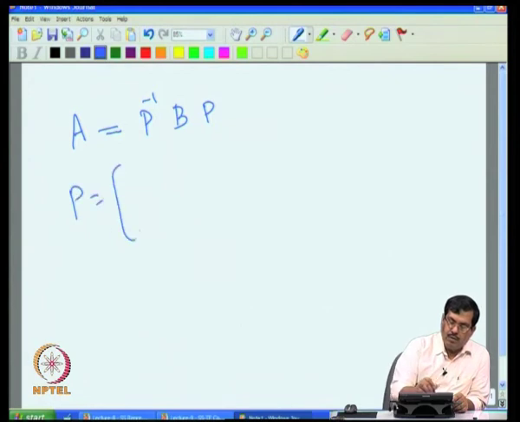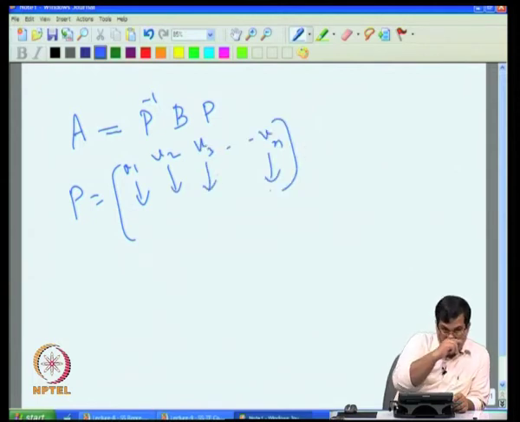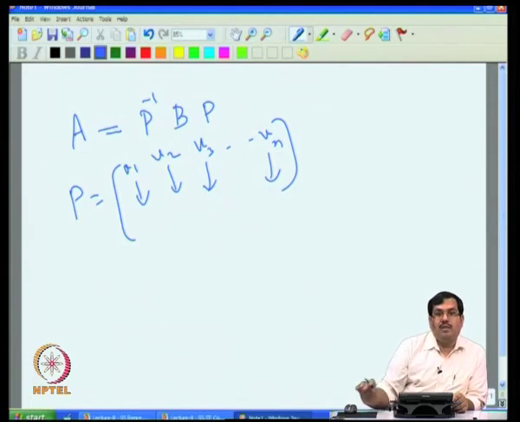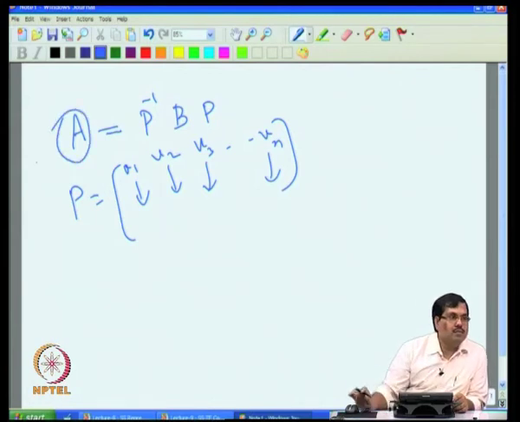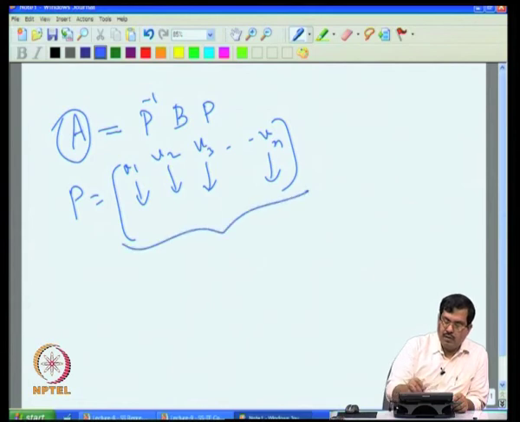Let us say I compute eigenvectors V1, V2 like that up to Vn, and I put this in the form of a matrix. These V1, V2, V3 are nothing but the eigenvectors of this matrix actually. Now, this turns out to be a non-singular matrix.